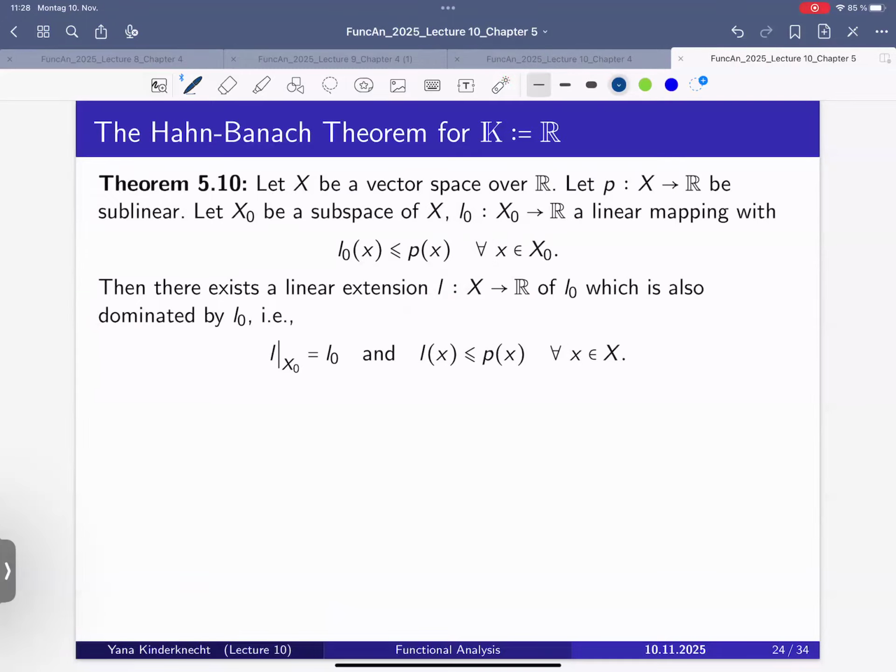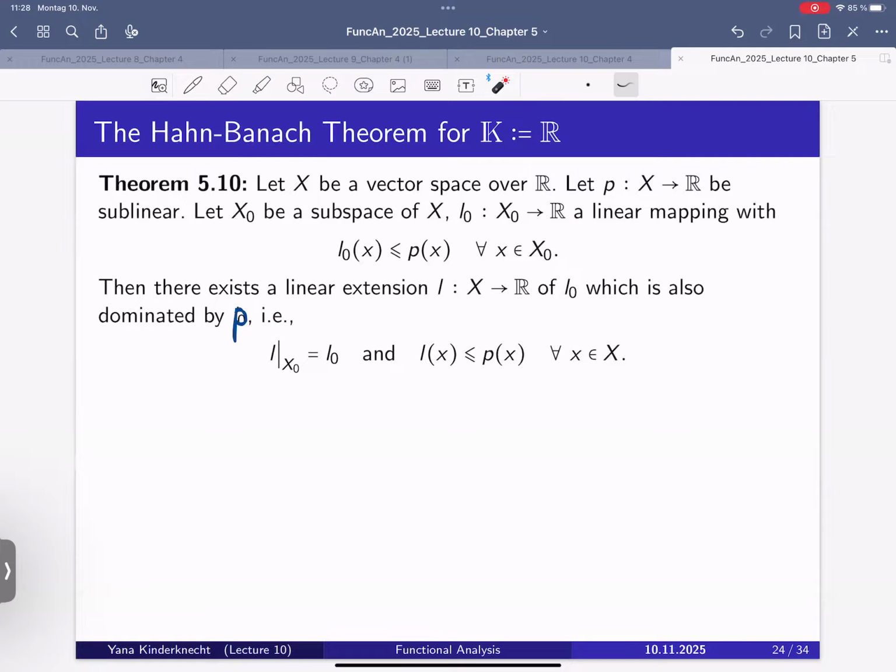That is, L is an extension of L0, so L restricted to X0 is as it was before, that is L0. And we have this inequality now not only on X0, but on the whole space X. So this sublinear mapping P remains the majorant, the dominating mapping.